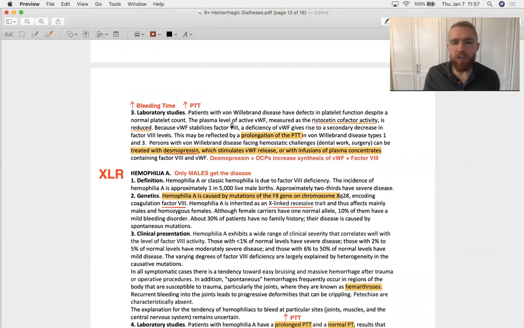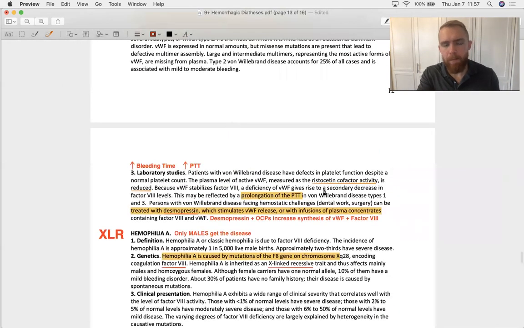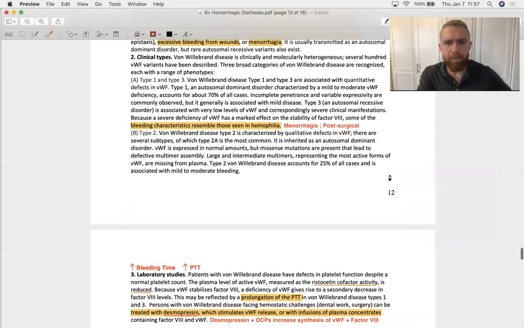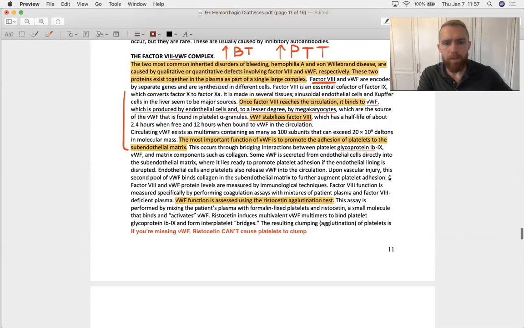But those tests are pretty non-specific because the best way to measure von Willebrand disease is with the ristocetin cofactor assay. That means if you have von Willebrand factor, ristocetin normally is going to cause platelet agglutination, platelet aggregation.